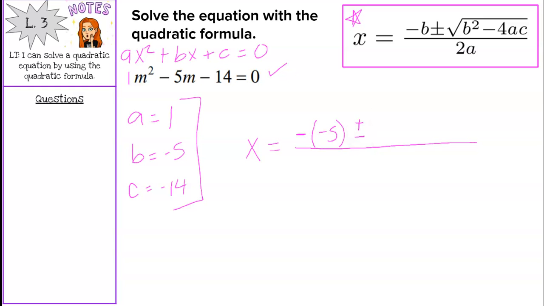Plus or minus, that's how we read that sign, it's plus or minus, the square root of b squared, so inside parentheses I'm going to put negative 5 and then square it, minus 4 times a, which is 1, and then times c, which is negative 14. All over 2a, so 2 times 1, because a is 1.